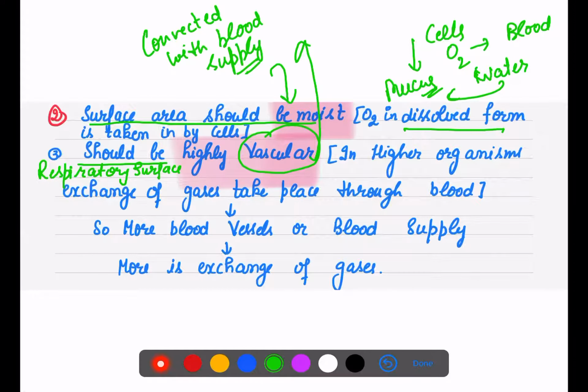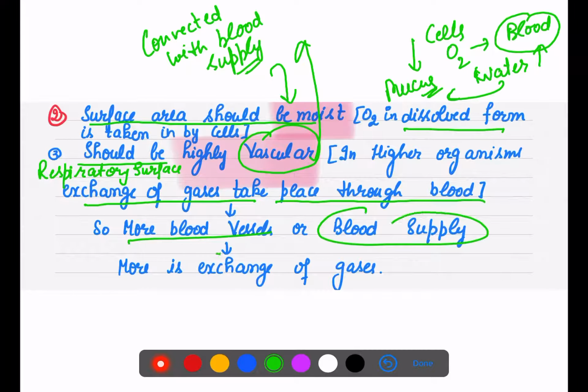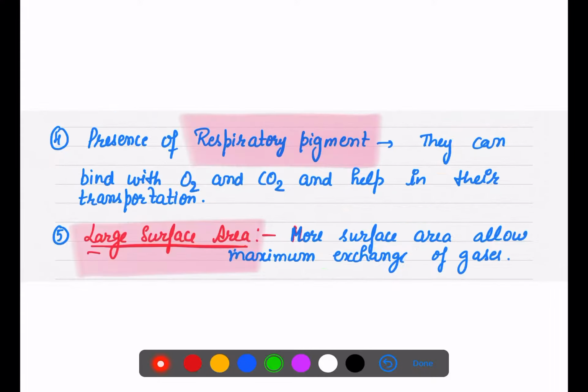So in higher organisms, exchange of gases takes place through blood. Already I told you that blood dissolves oxygen in it, and it also has the capacity to dissolve carbon dioxide. So more blood vessels means more blood supply, and more blood supply means more exchange of gases, meaning the maximum rate.